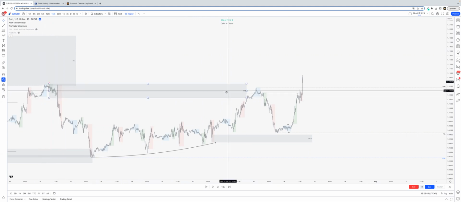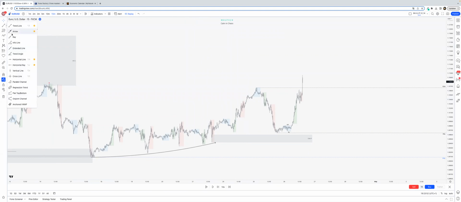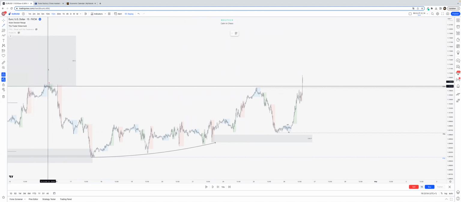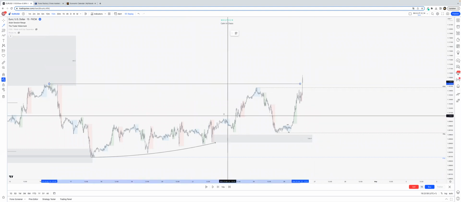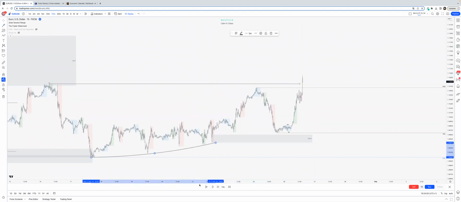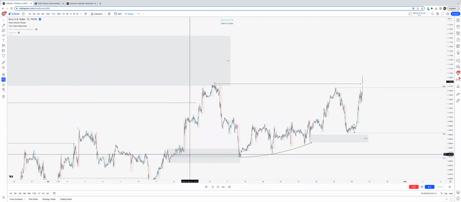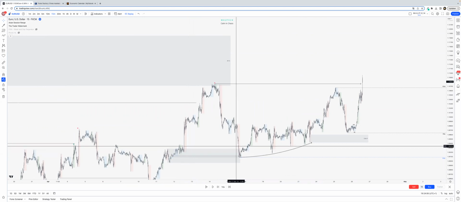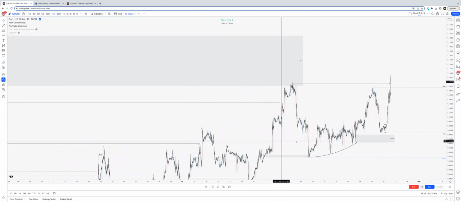This is not relevant. This is not relevant. This is relevant. I will show you in a minute what I'm doing. So we got the break of structure. Now this can be still relevant, but not for now. I don't really care anymore about this. I just care about that area.